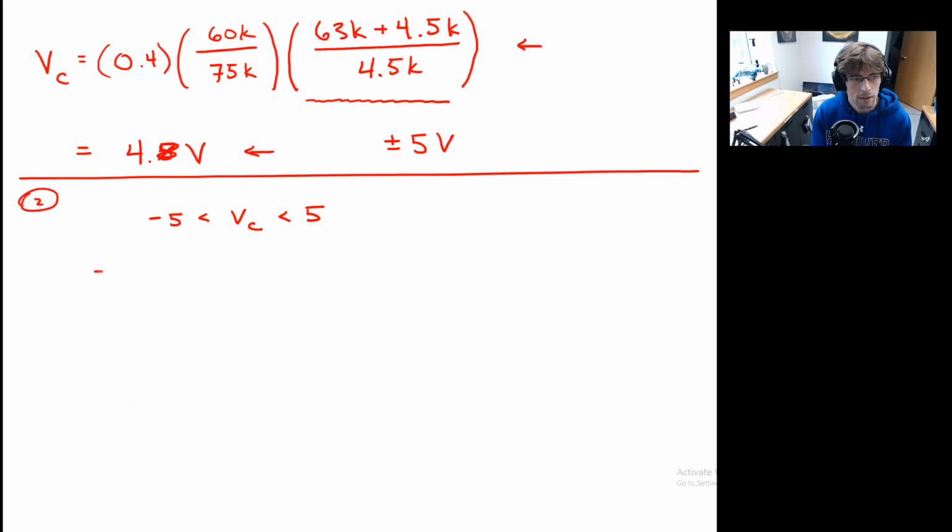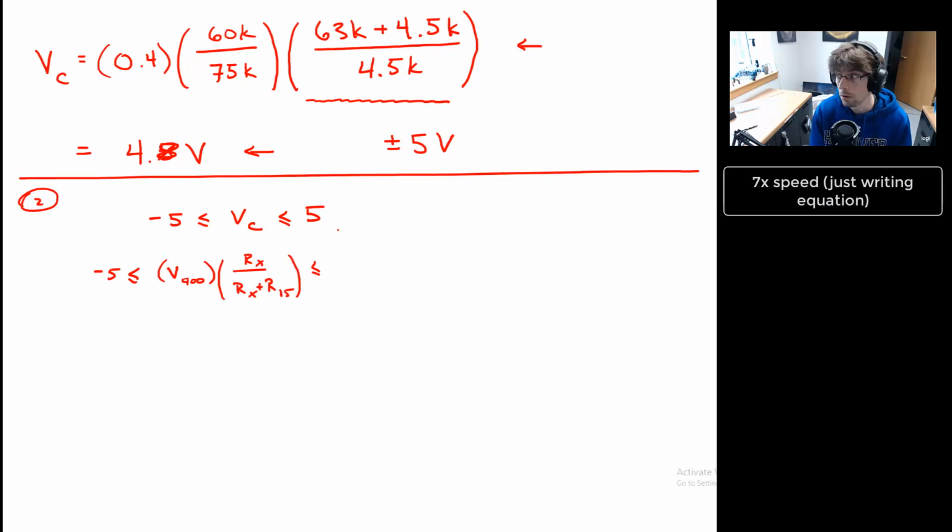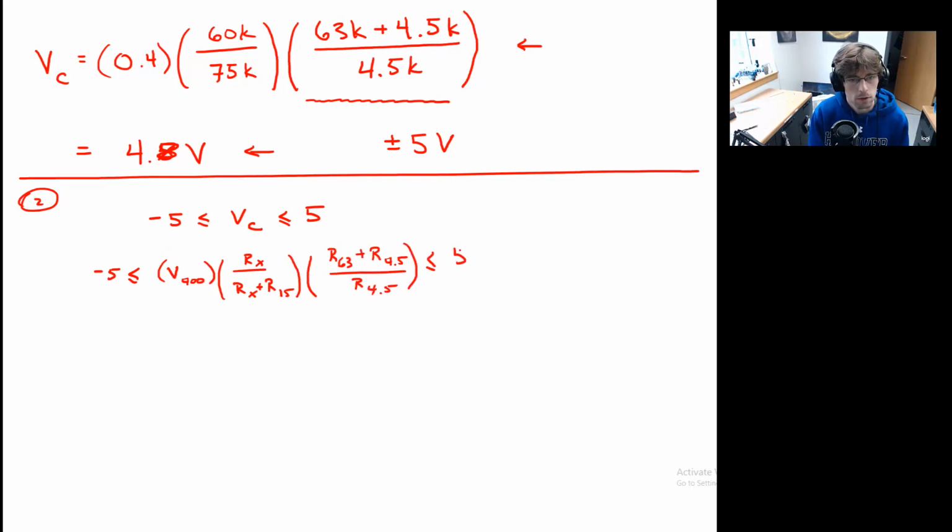And so I have -5 must be, I guess I'll put the strictly equal sign in there. -5, we have all of this other rigmarole, which we could probably keep. Then equal to 5.